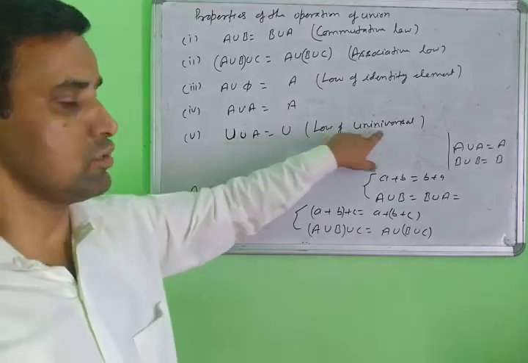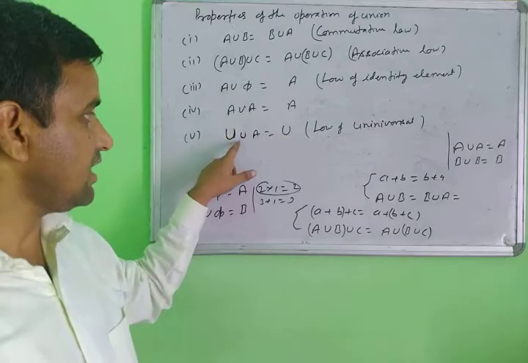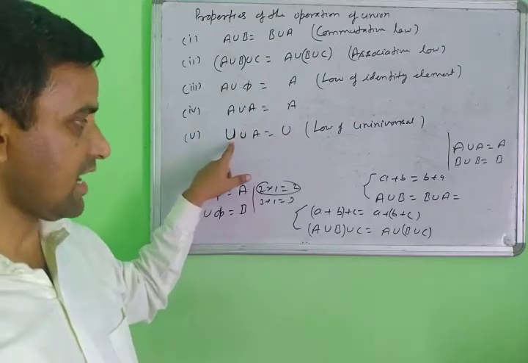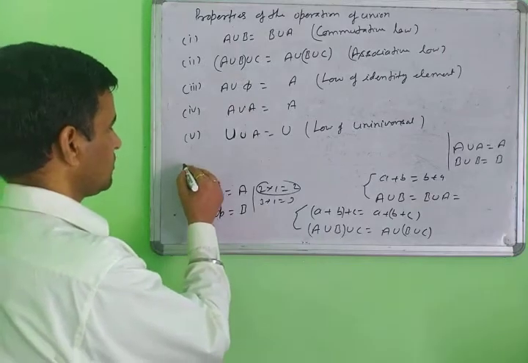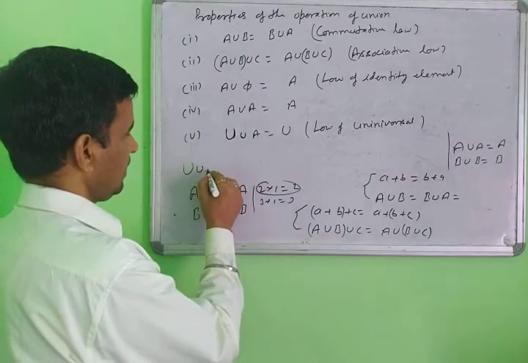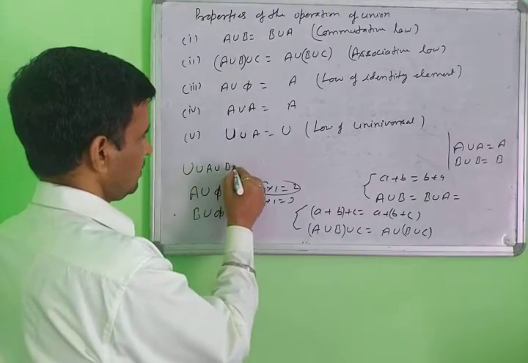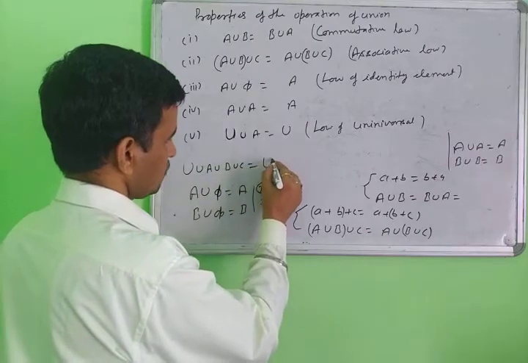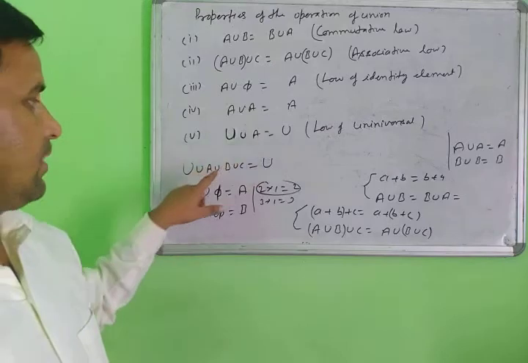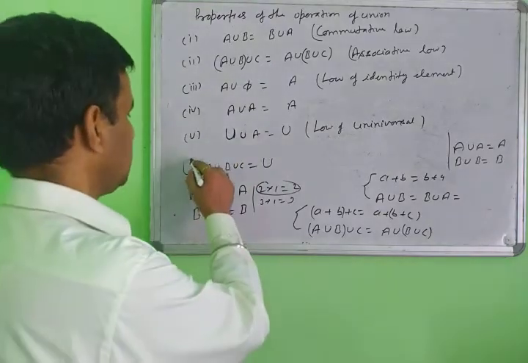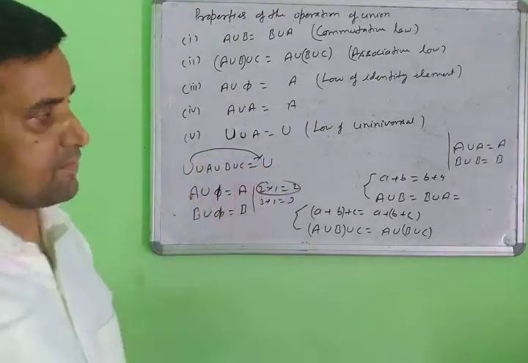This is the law of the universal. That means any set you add to the universal set, you get the universal set. Suppose you take universal set union A, union B, union C, then you always get the universal set. You are adding 1 more, 3, 4, it does not matter, but the result will be the universal set. This is very simple.